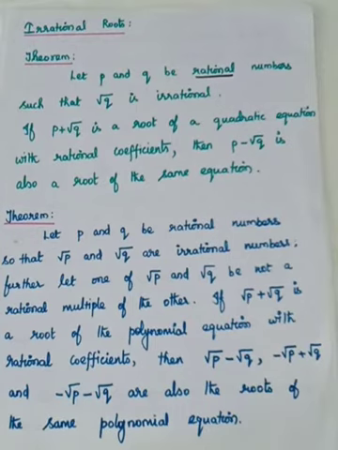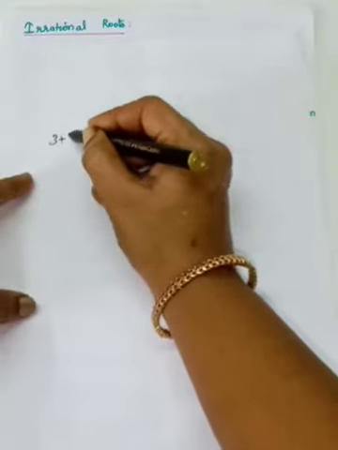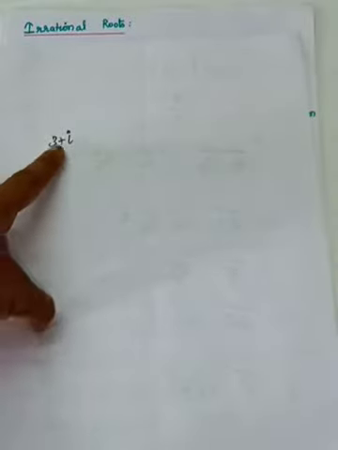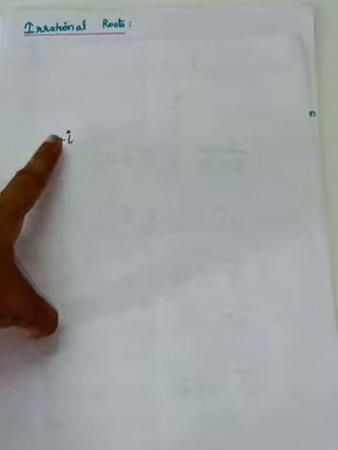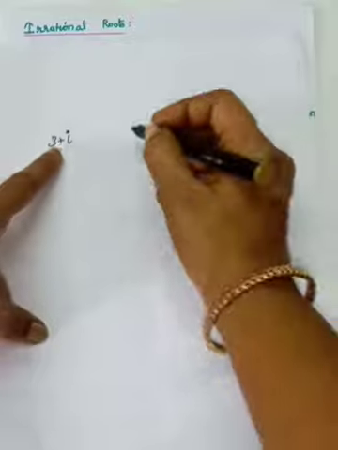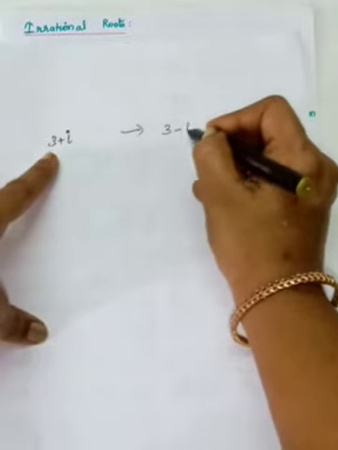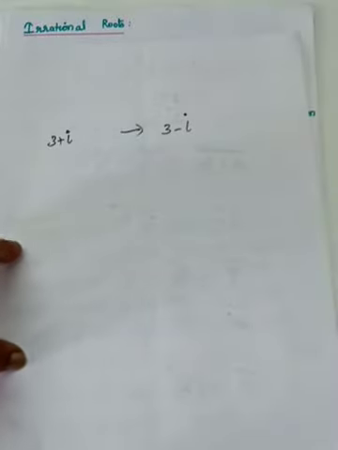Previously we saw that z_0 is a root where z_0 is an imaginary number, for example 3 plus i, with a real part and an imaginary part. So if 3 plus i is a root, then its conjugate 3 minus i is also a root of the same polynomial.